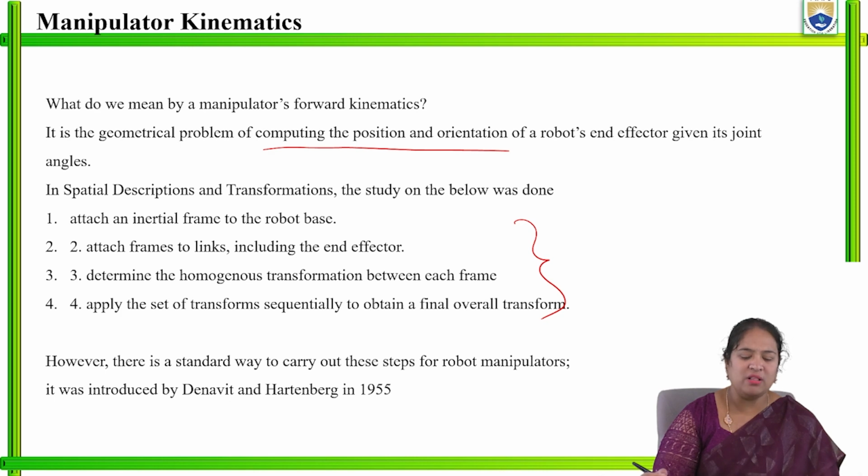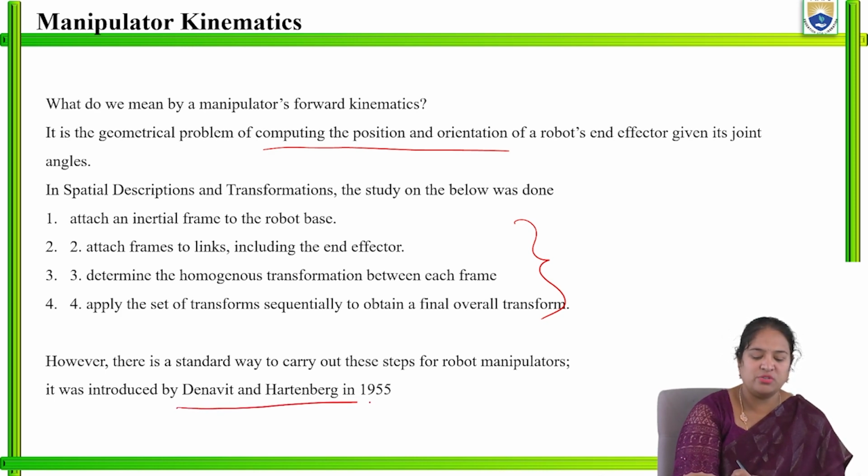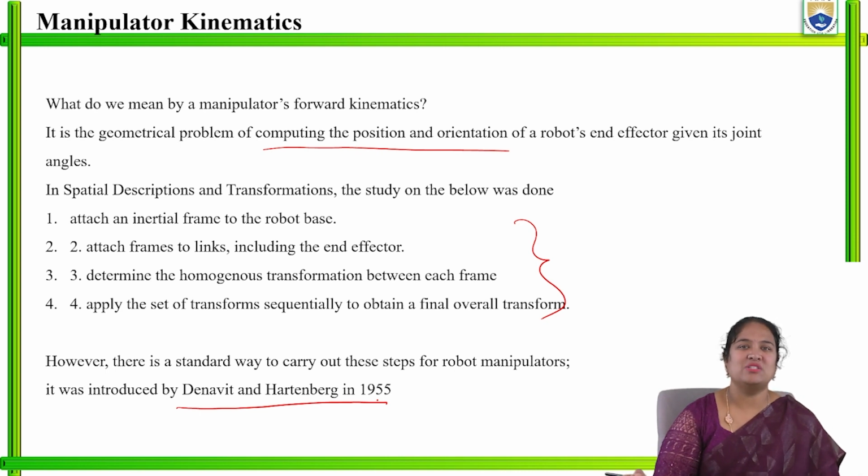So generally, all this particular type of robot manipulator was introduced with the help of scientists called Denavit and Hartenberg. The robot manipulator was first introduced by Denavit and Hartenberg in 1955.